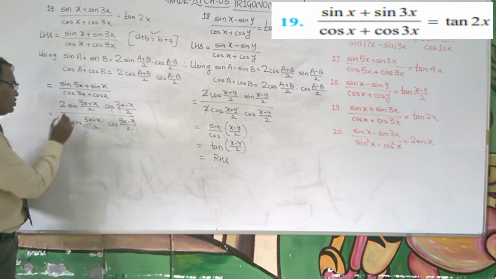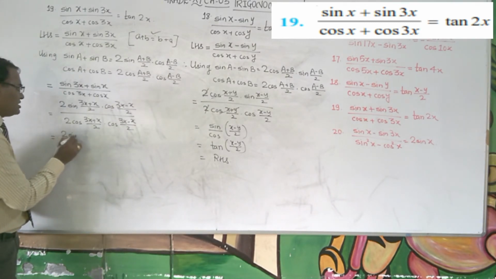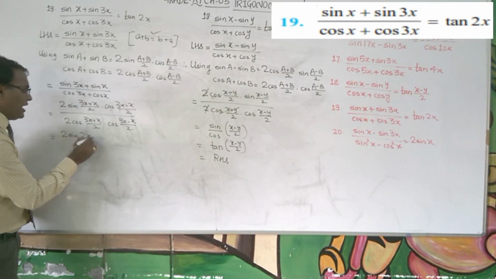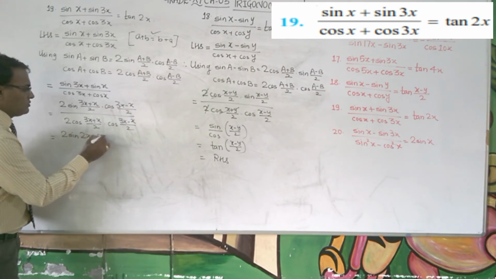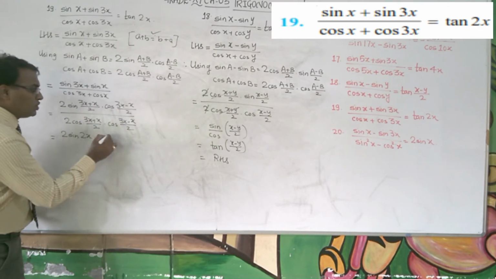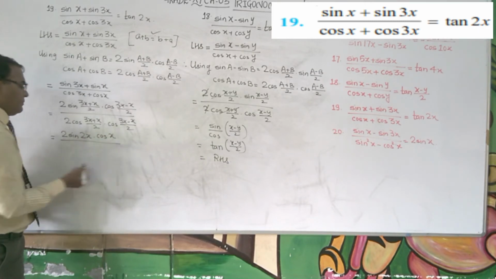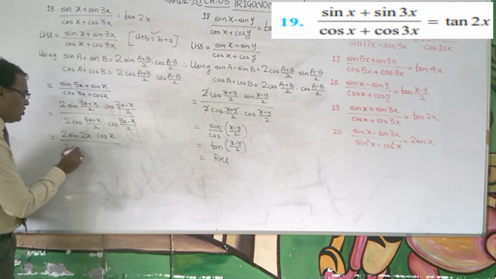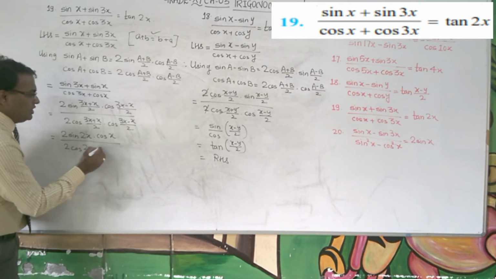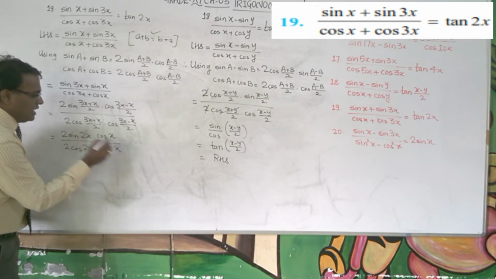Now what will happen? 2 into sin of 3x plus x, that is 4x upon 2, is what? 2x. Then cos of 3x minus x is 2x, and 2x upon 2 is x. 2 will get cancelled, x is remaining. Now 2 into cos 4x upon 2 is again 2x, into cos x.